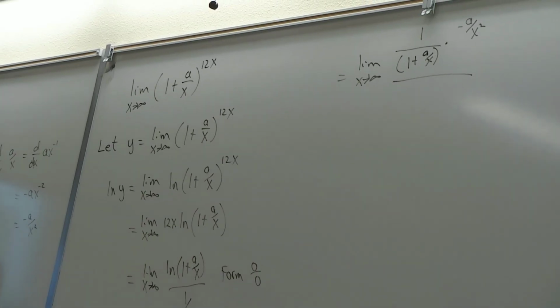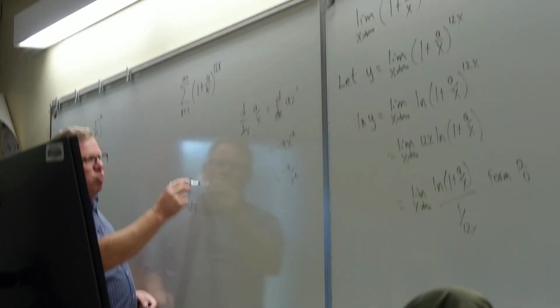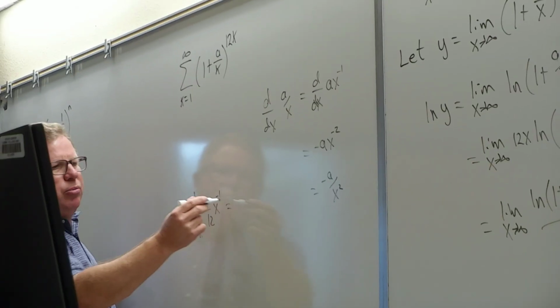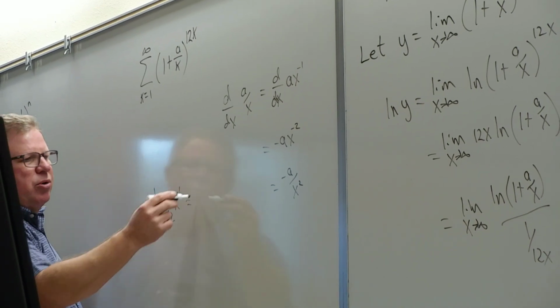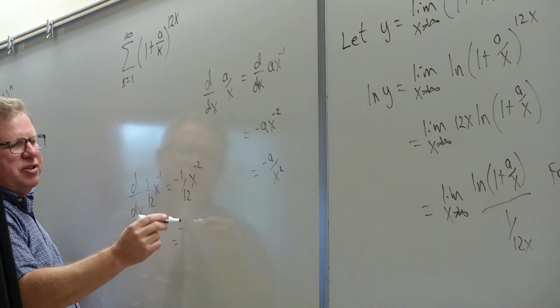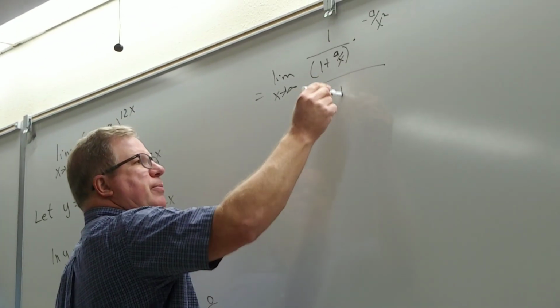Over, now the derivative of this denominator, 1 over 12x. Scratch paper work again. 1 over 12x is like 1/12 x to the negative 1. Bring the negative 1 down, subtract 1, we get negative 1/12 x to the negative 2, which is negative 1 over 12x squared. So that's the derivative of our denominator.